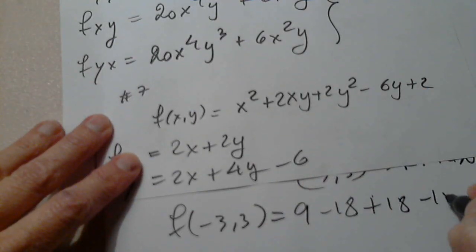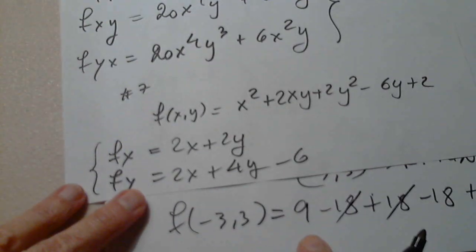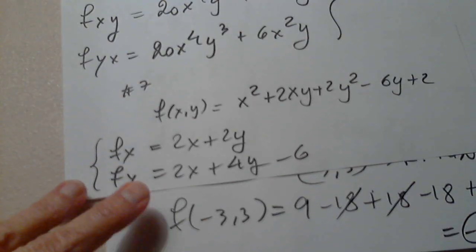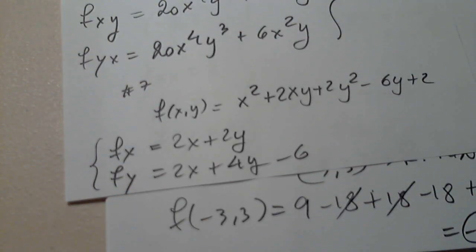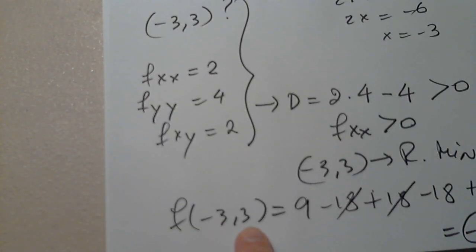Minus 18, and plus 2. So -9 plus 2, the answer is -7. So this function has a relative minimum at the point -3, 3, and the relative minimum is -7.